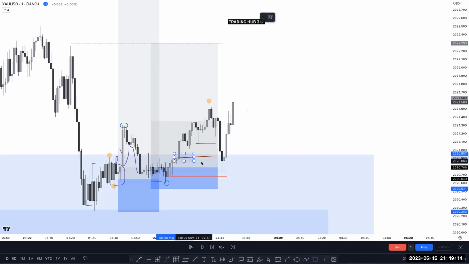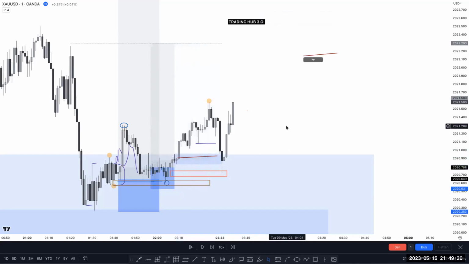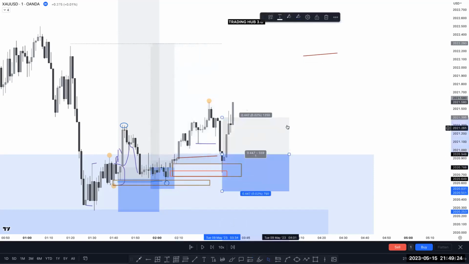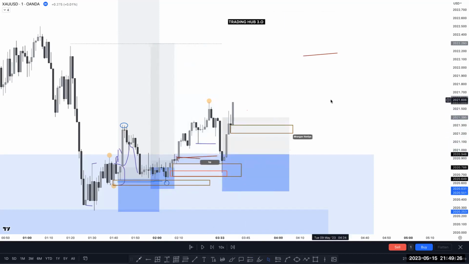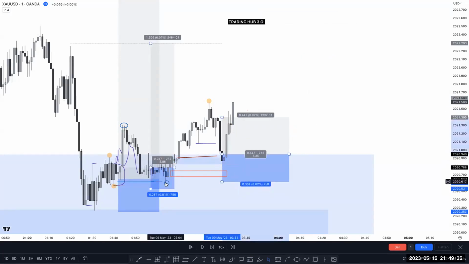This one here. And you have to buy here, and put the stop loss below it.